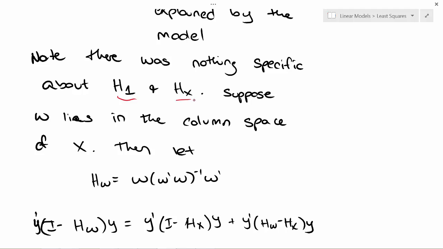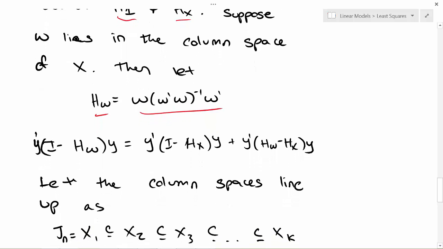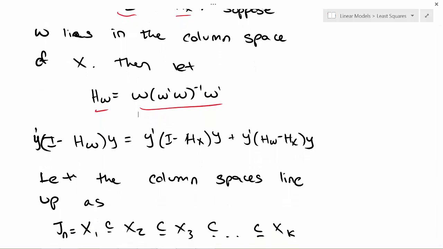Suppose W is any other matrix that lies in the column space of X, and let me define HW as the hat matrix associated with W: W times (W transpose W) inverse times W transpose. Then just using the same logic as above, if I were to start out with y transpose (I minus HW) y, that would factor into y transpose (I minus Hx) y plus y transpose (HW minus Hx) y.